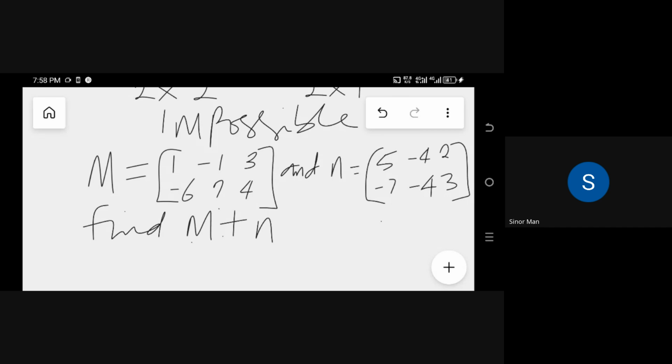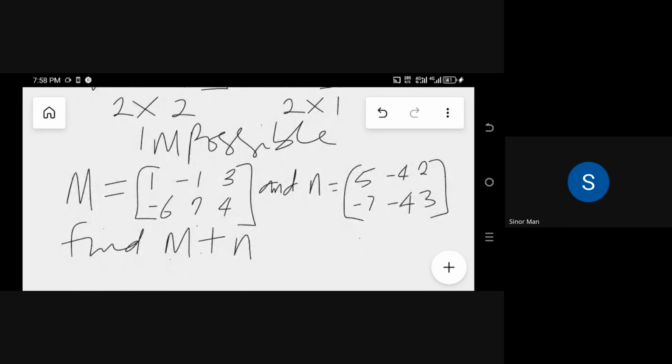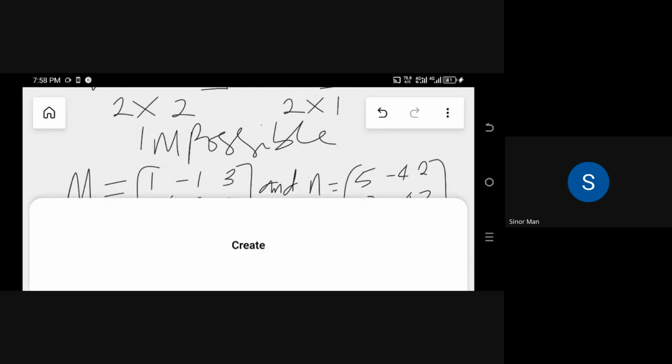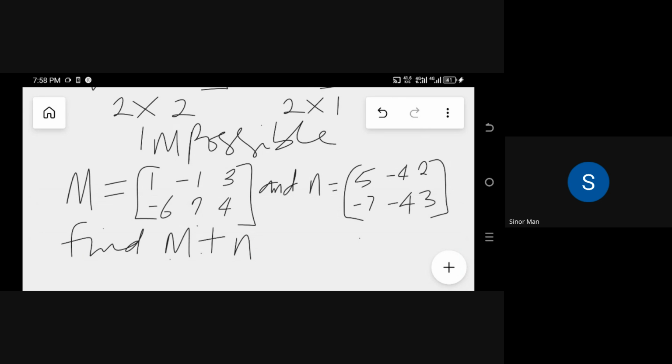All right, so I would need someone to help us with this one. We have these two matrices, M and matrix N. Now, what is M plus N?